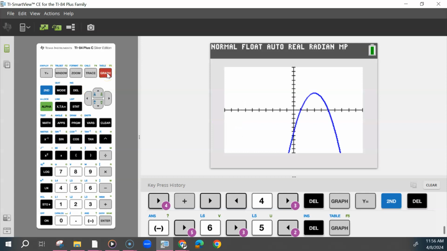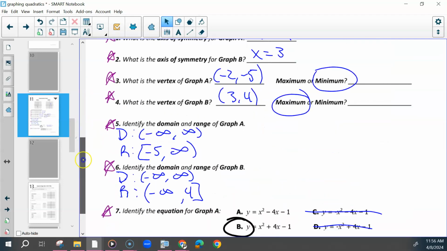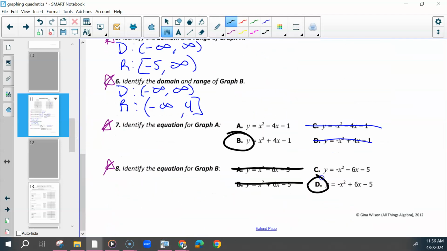So I have D. Does that look like graph B? So be able to find the characteristics from the graph as well as vice versa.